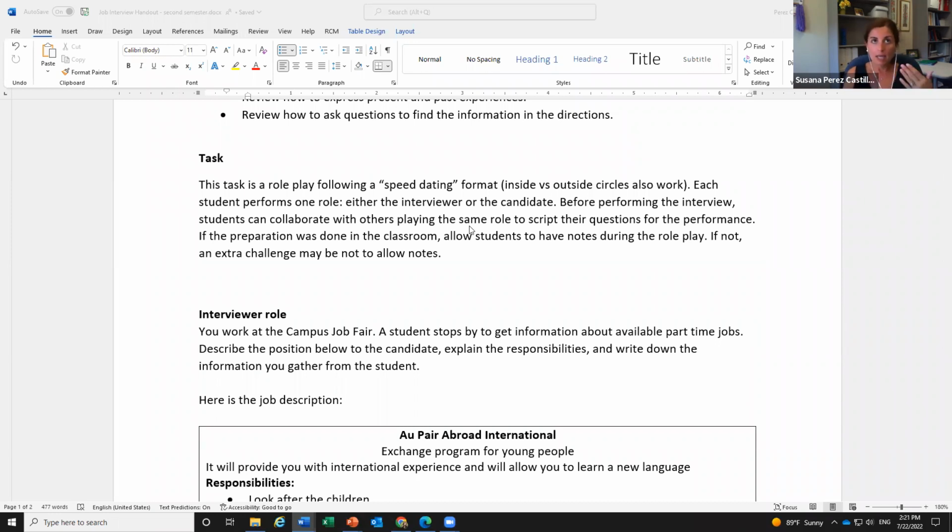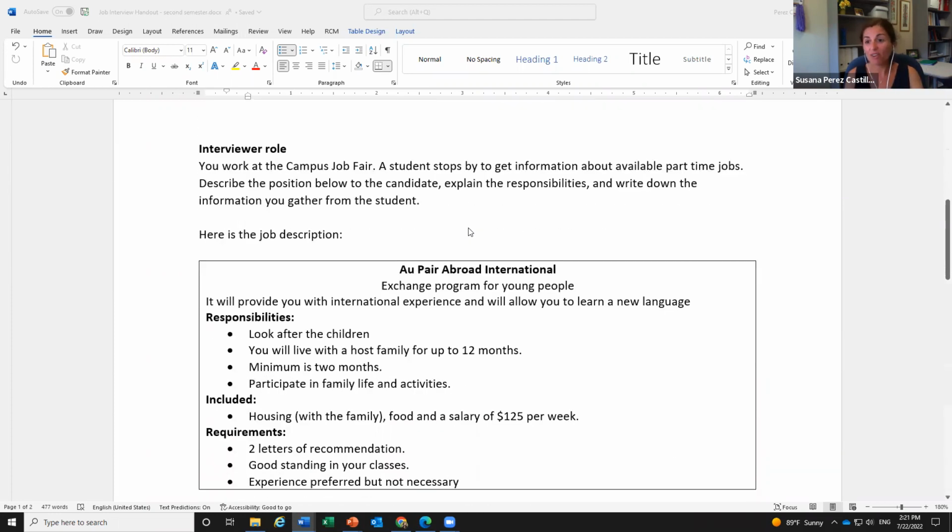If, like these presenters did, they asked students to prepare at home, then they said no scripts, no notes, nothing. If you don't give them time to do it at home, then I would recommend that you let students have these in front of them, because these are second semester students, they're not going to have that ability to have that language ready.